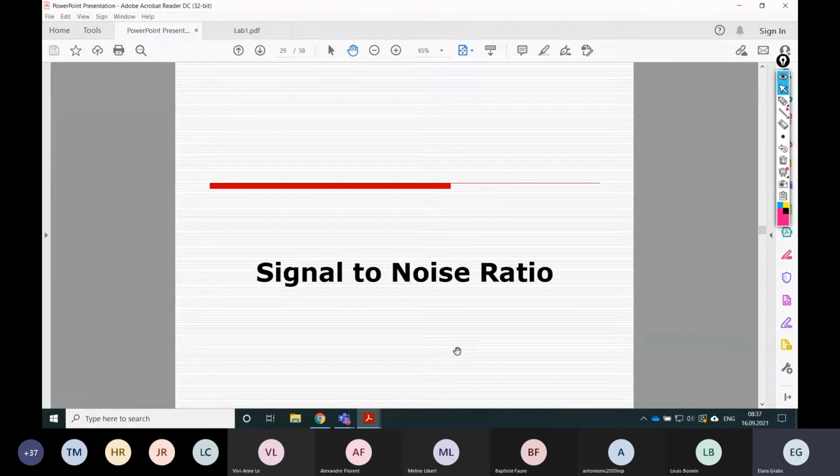We will now talk about such an important relation as the signal to noise ratio, because noise is a very weak interference, so it can cause problems only if your signal is weak also. So it's important to know how strong your signal is in comparison to the noise level.